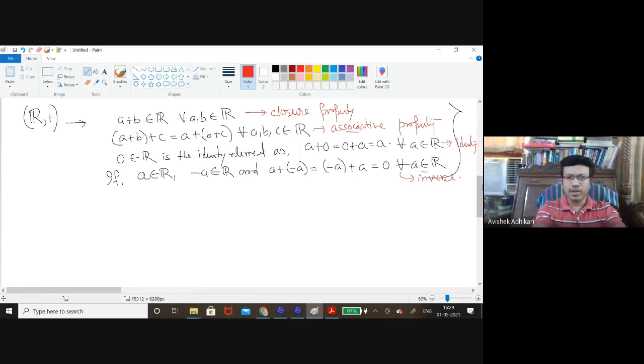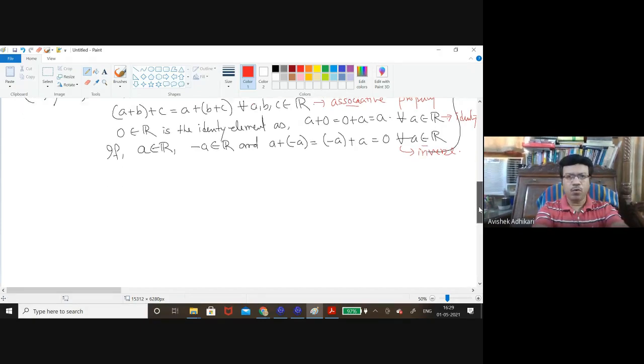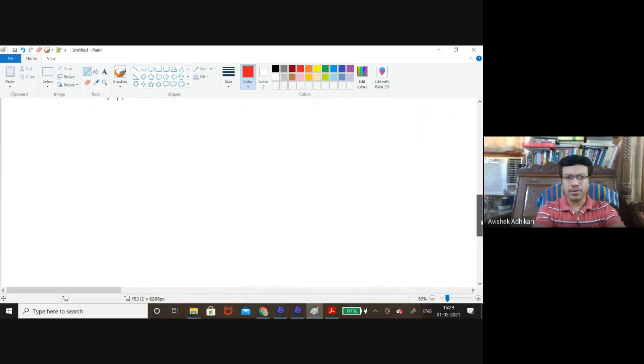Now the question is, if I have more than two operations, for example, I need some W with plus and dot. I also want almost everything. That means I want plus and dot to satisfy the closure property. There must be some identity element.